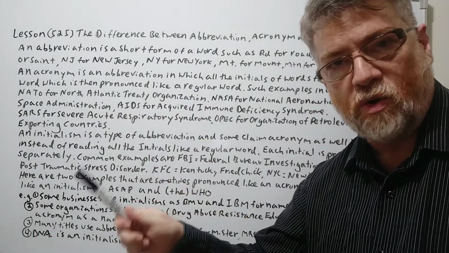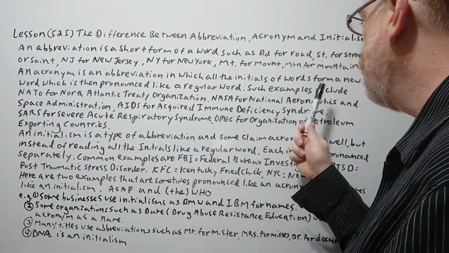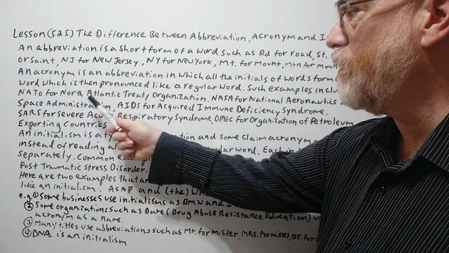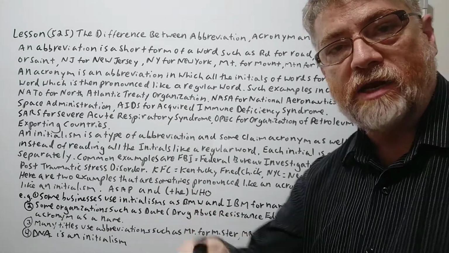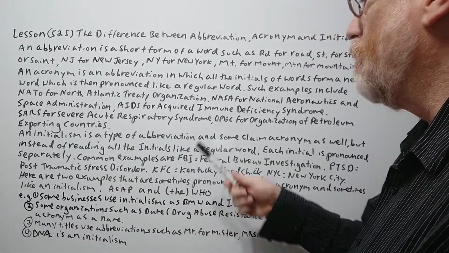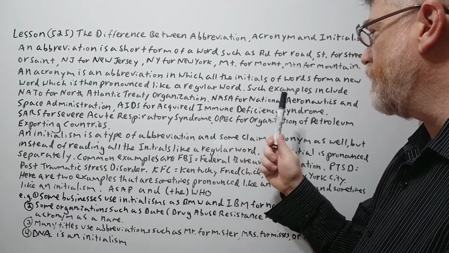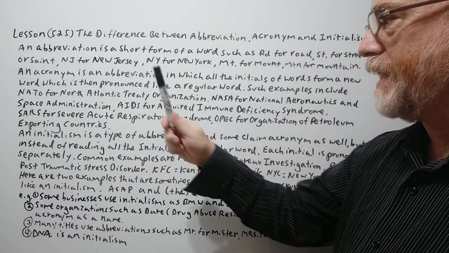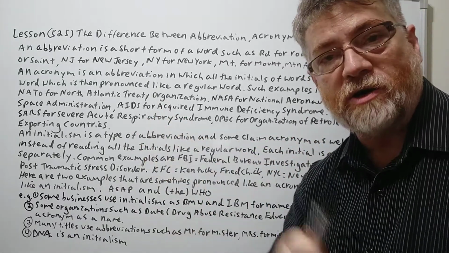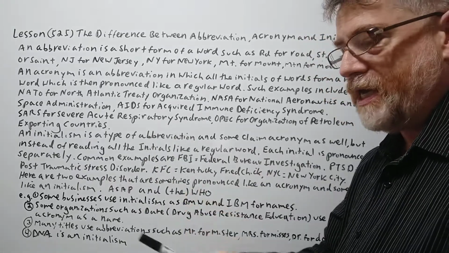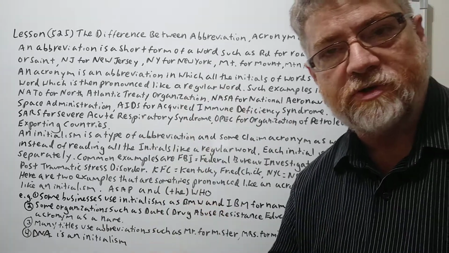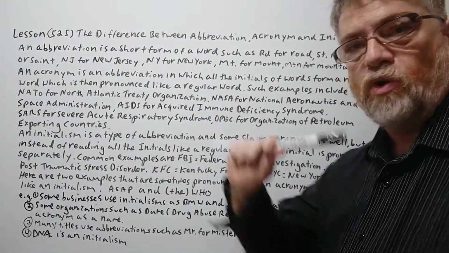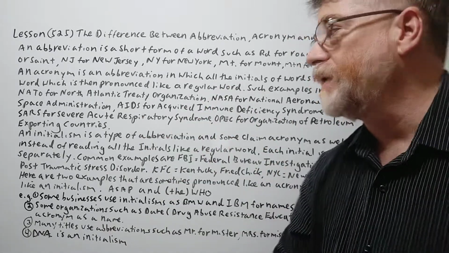It's pronounced like its own individual word. Such examples include NATO for North Atlantic Treaty Organization. You could say NATO is meeting next week. Or NASA for National Aeronautics and Space Administration, the American space agency. You could say NASA sent some satellites up to space, or maybe they sent a rover to Mars or something like that.